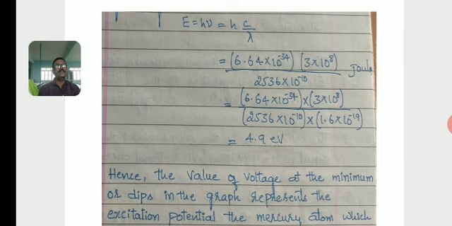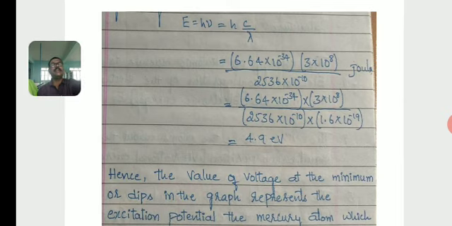After simplification we get 4.9 electron volt. Hence the value of voltage at the minimum or dips in the graph represents the excitation potential.